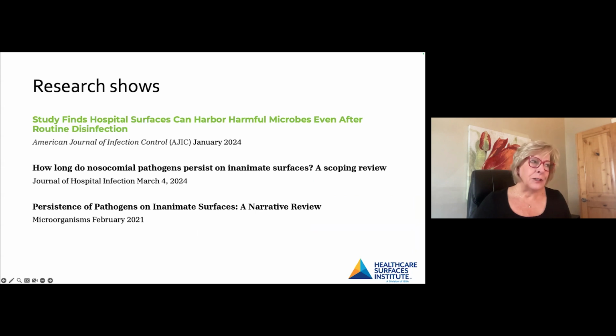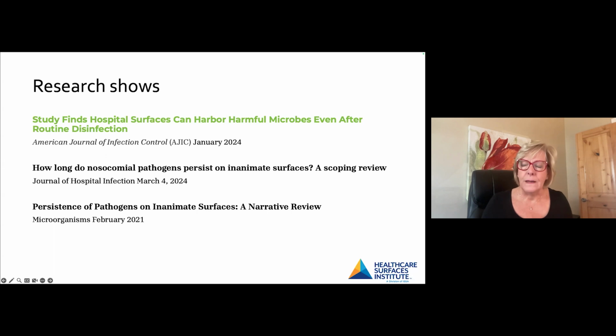So research shows that even after effective and efficient cleaning and disinfection, microbes continue to live on surfaces. And I joke with my advisory board that it's January because here comes the next flow of research that's letting us know that these pathogens continue to live.